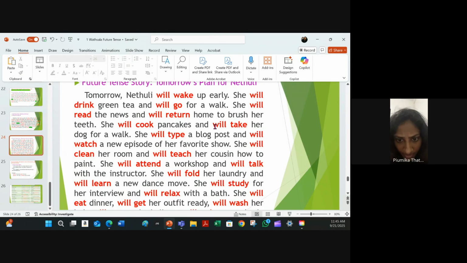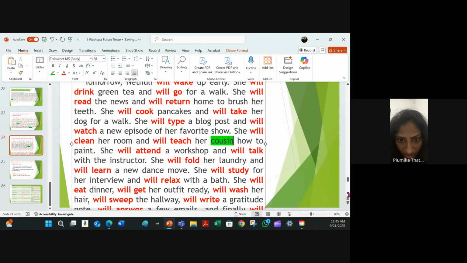We will attend a workshop and will talk with the instructor. We will fold our laundry and will learn a new dance move. We will study for our interviews and will relax with a bath.